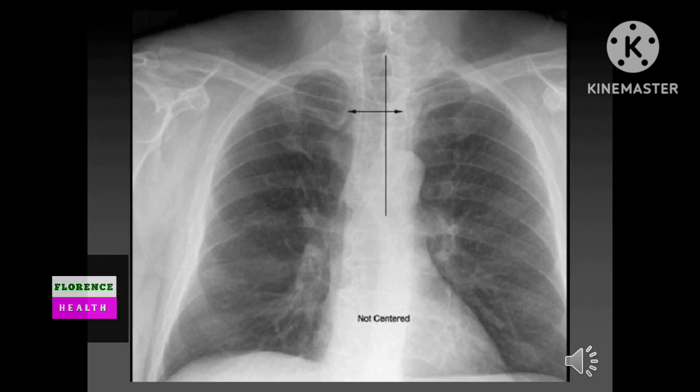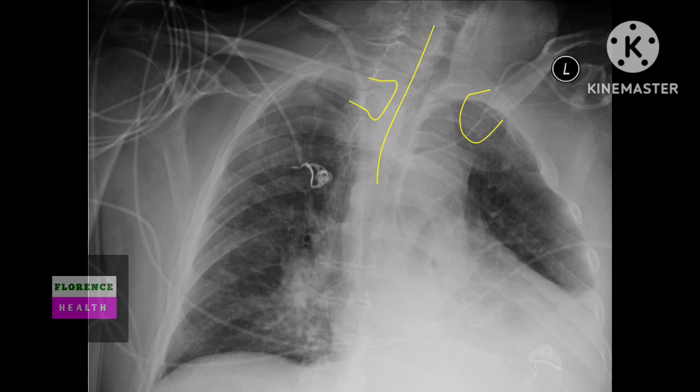Can you tell whether it is a rotated or non-rotated X-ray where both clavicular heads are not equidistant from the imaginary line and both are not at equal level?